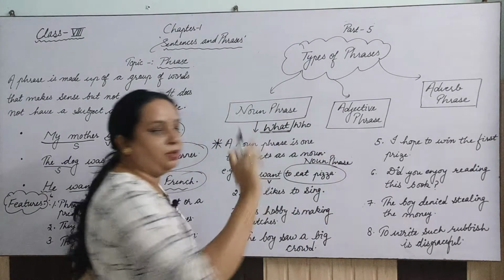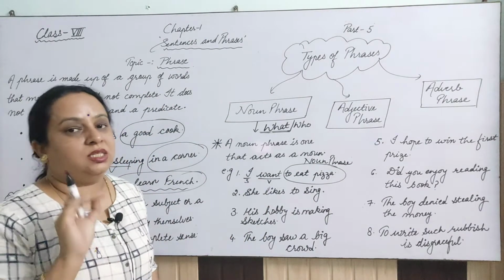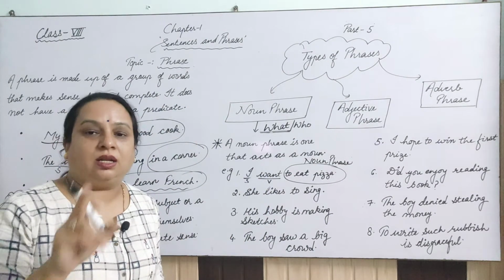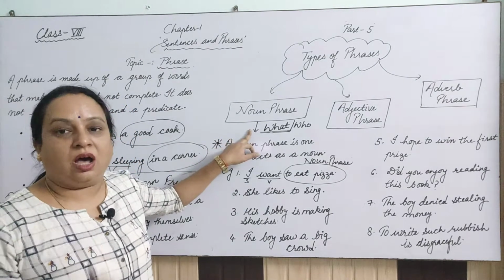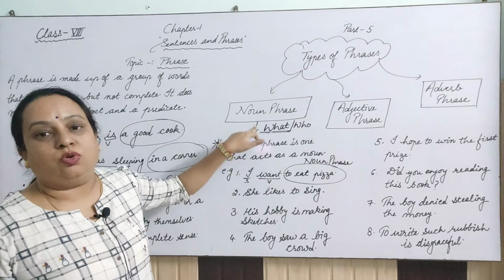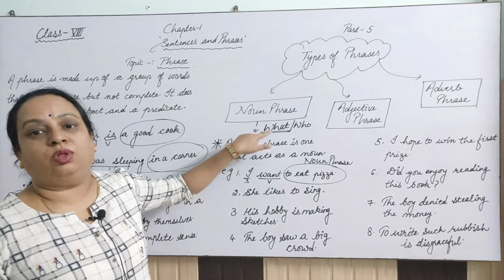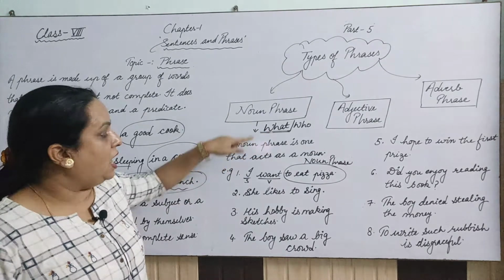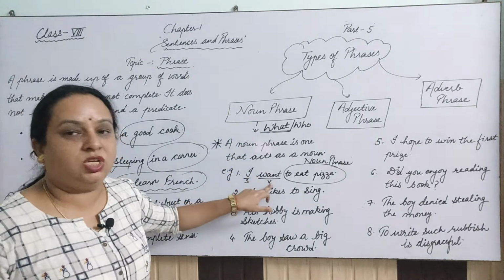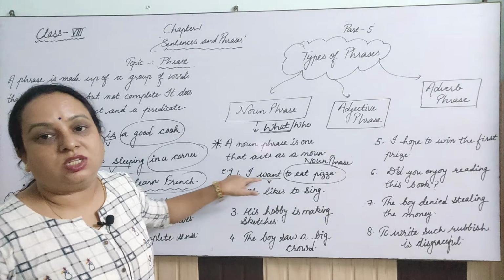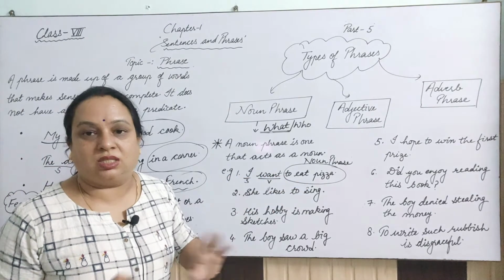It's quite simple. There is only a need for attention and understanding. Please listen carefully. If you want to get the noun phrase in the sentence, you have to make the question with the word what, and you have to frame that question with the help of the subject and the verb, which are not part of the phrase.